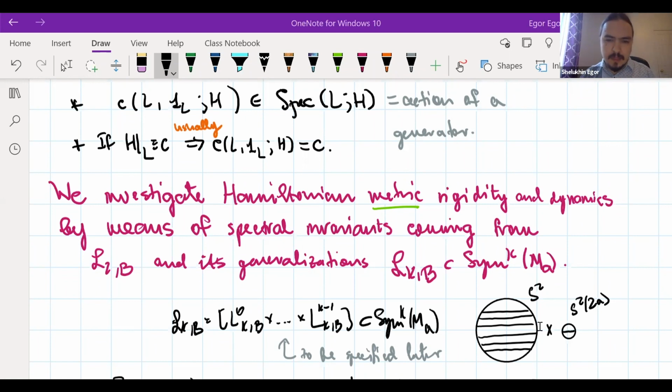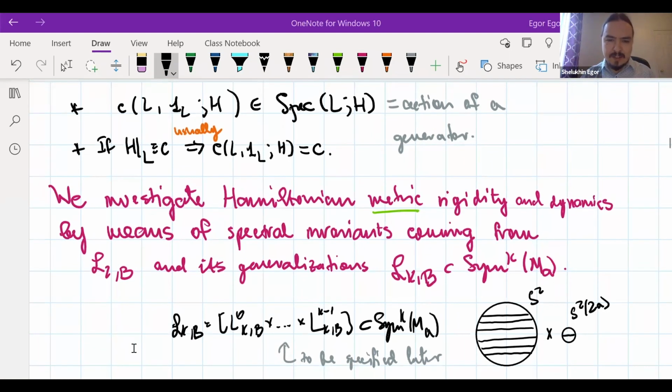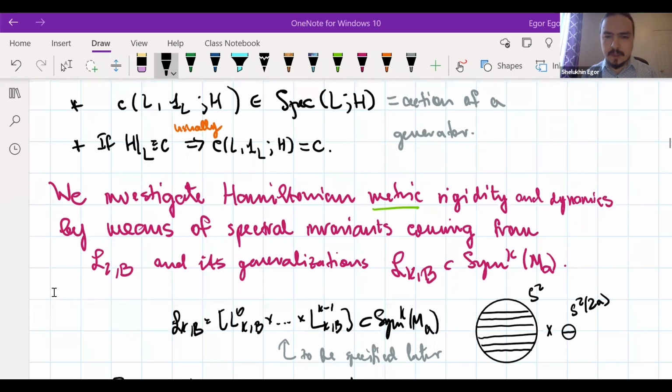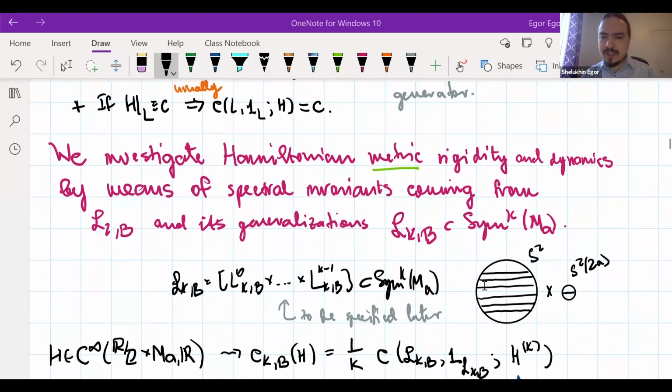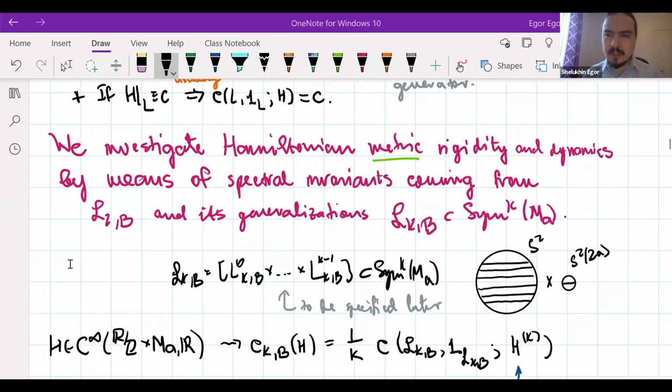And you again stabilize it by the equator in S2 to A, and then you have this 2k-torus L curly KB in the k-th symmetric product of MA. Here the k-th symmetric product is MA to the power k over the action of the symmetric group on k elements. Which level sets, I will specify a little bit later.